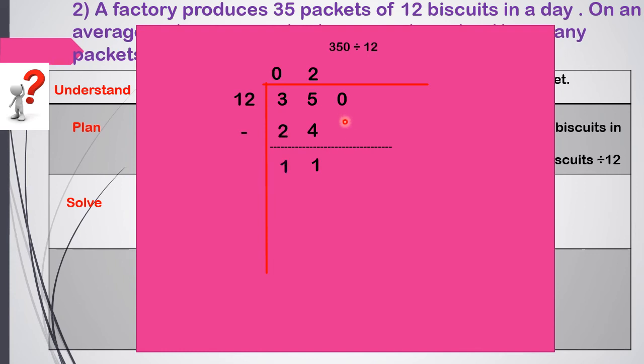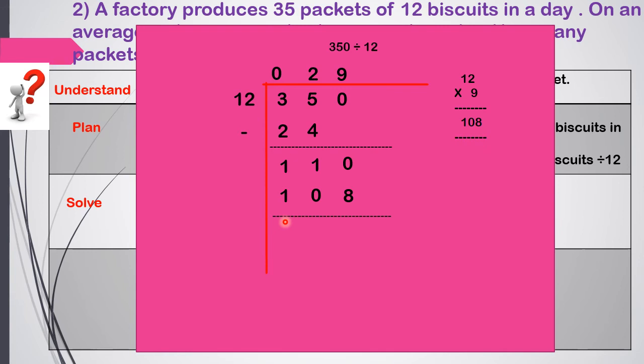After that, we have to bring down 0 here. 110. So you all know the 12 table, isn't it? 12 nines are 108. Okay, 12 nines are 108. 12 tens are 120.